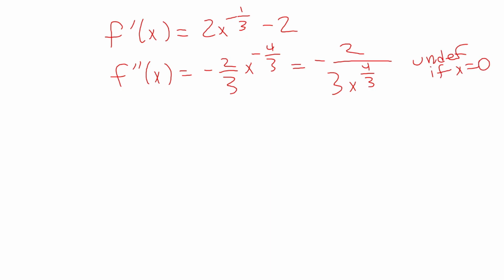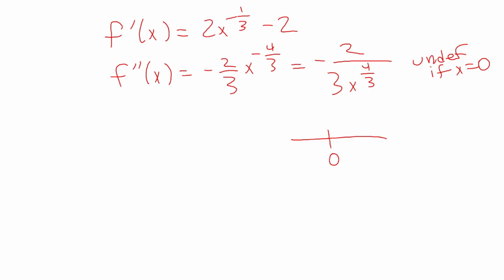Well, if x is 0, we know we're not going to have a point of inflection because we already had a local minimum at 0. But we'll still make the sign chart just to make sure we didn't make a mistake maybe before. And if we plug in a positive number or a negative number to x to the 4/3, we're going to raise that number to a power of 4, which is going to make any input a positive.